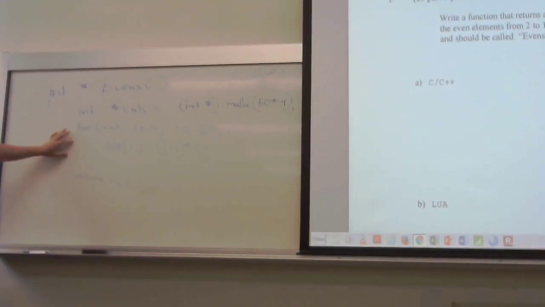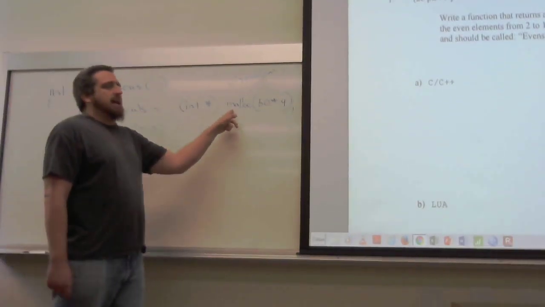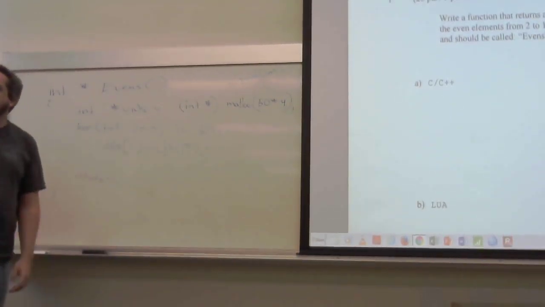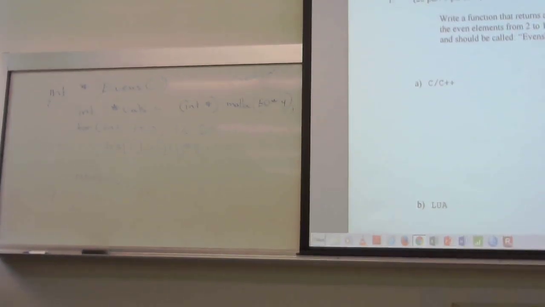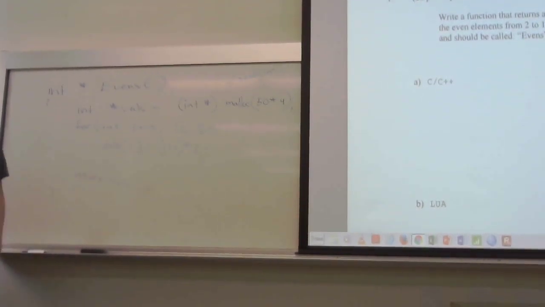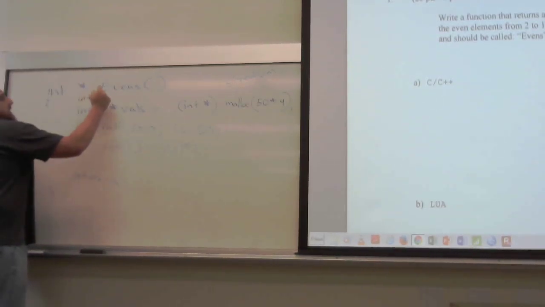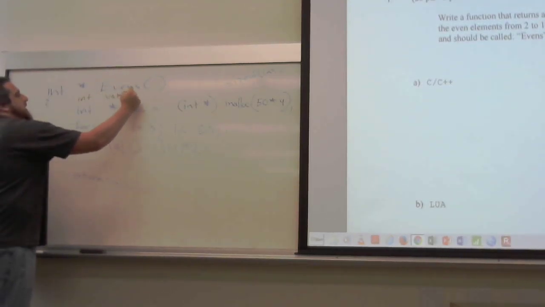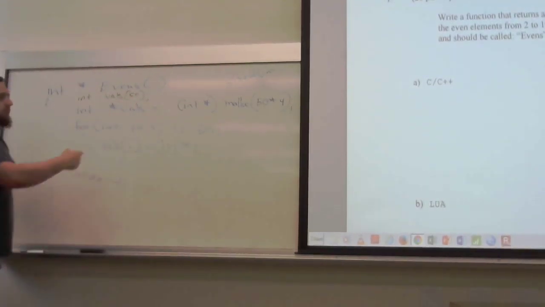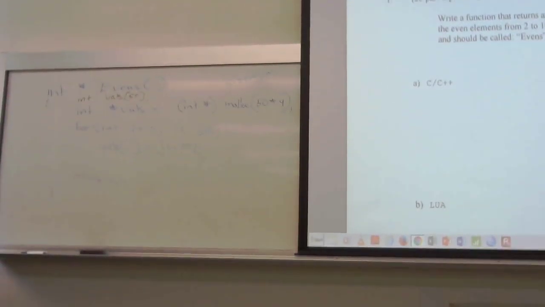If you're screwing something up major, the syntax would be mostly correct. If you did not use a malloc, or a new, that would be somewhat correct. If you instead try to do int vals of 50, that's only worth half credit, because that's demonstrating what the question is asking you.